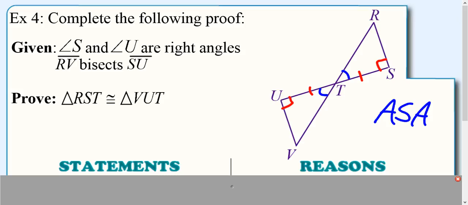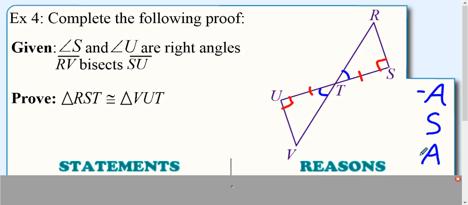So what I suggest with your proofs is we know what it's going to be, so we're going to do a little organization. We're going to write angle, side, angle, and write what the two angles are and what the side is that we know, and maybe even make a little note to ourselves as to why we know it.